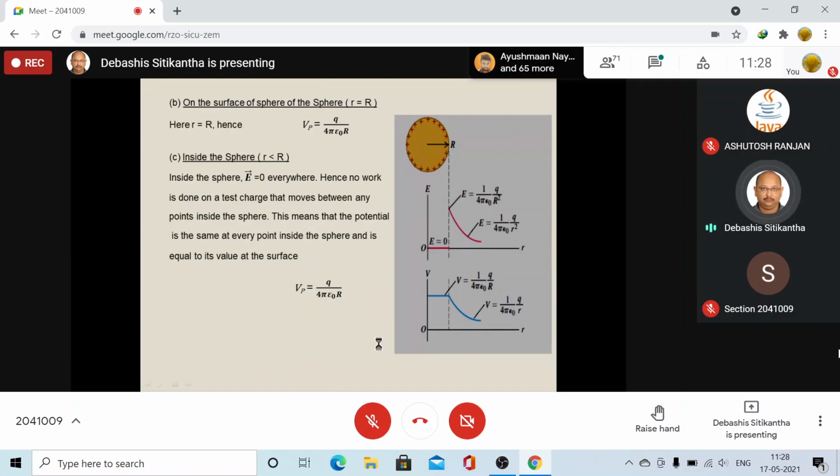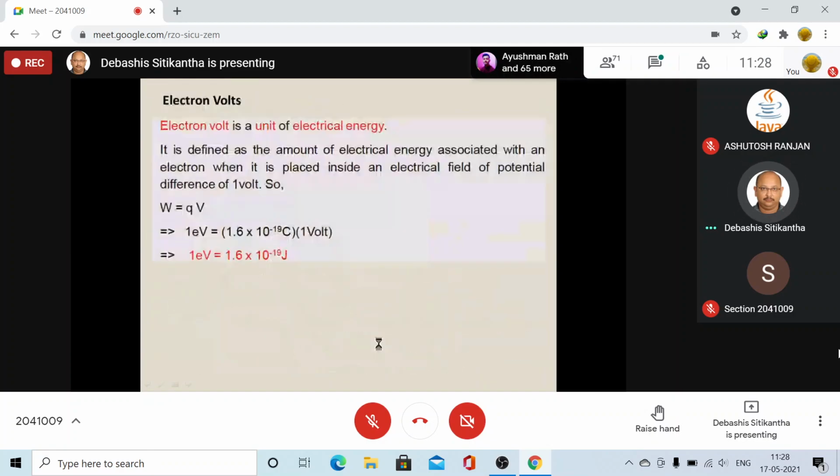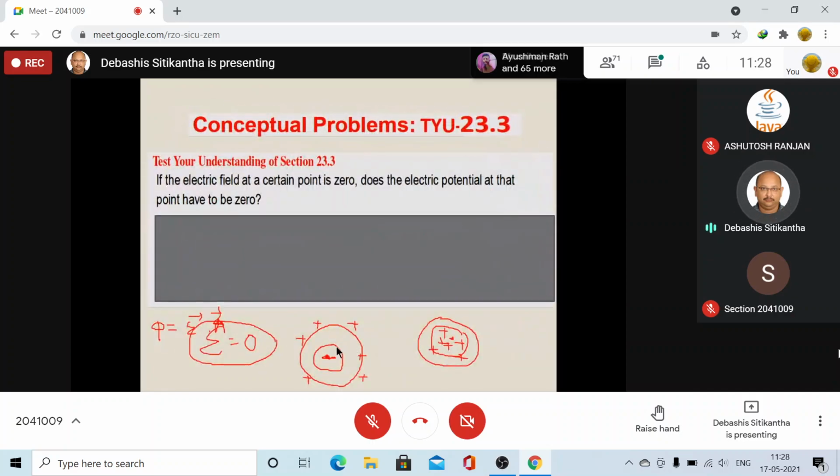That means for a charged hollow conductor, inside the conducting sphere the electric potential is the same as that on the surface. On the surface it is never going to be zero, so inside also the electric potential is not going to be zero. So I can say the electric field is zero, but the electric potential is not zero. So this is the right answer.